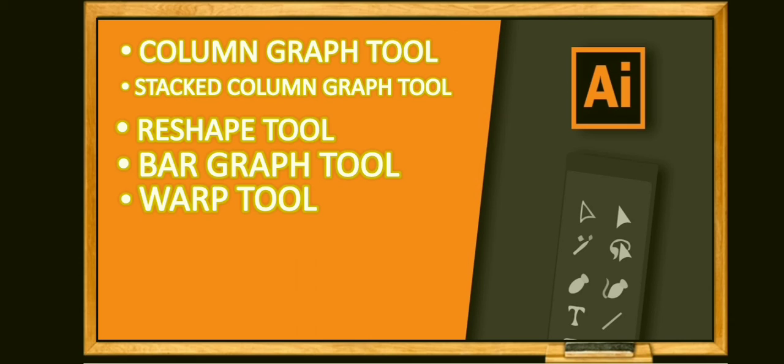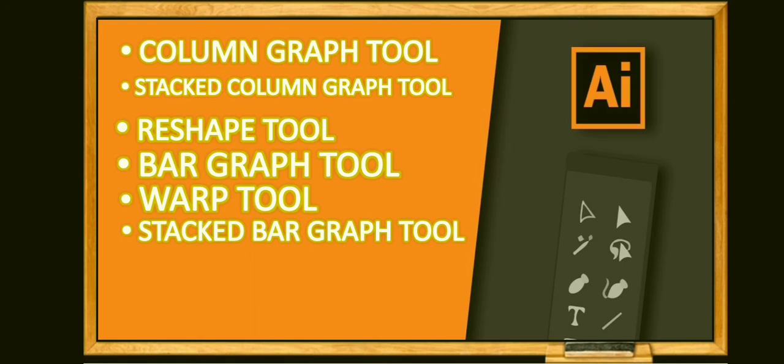It molds objects with the movement of the cursor. Next is the stacked bar graph tool. Stacked bar graph tool creates graphs that are similar to stacked column graphs but stacks the bars horizontally instead of vertically.